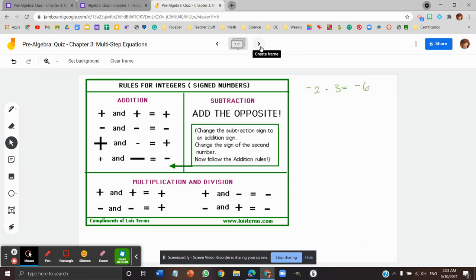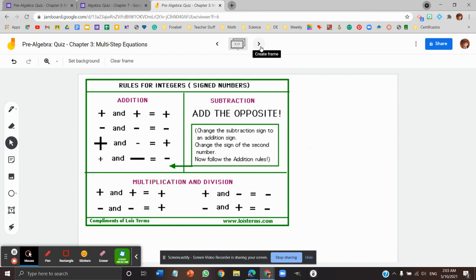The same thing, it doesn't matter which one is bigger than which, it's going to be -6 because they have different signs. And the same thing goes with division. Different signs, if you're multiplying or dividing, going to be negative; same signs are going to be positive.